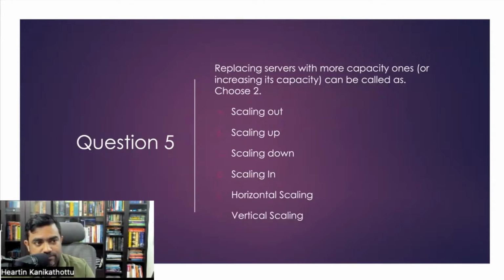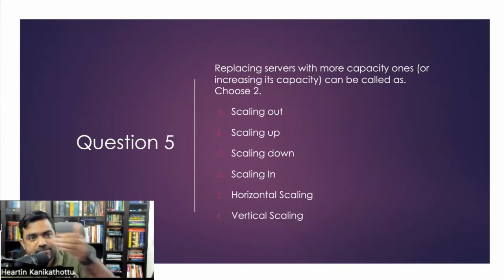This one is from part 2, today's session. Replacing servers with more capacity ones or increasing its capacity can be called as, give 2 options. Replacing servers with more capacity ones. We learned like this, right?